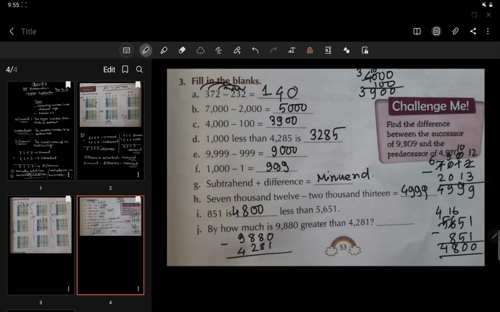You know 0 is less than 1, so you have to borrow from the tens place, so it will be 10. 10 minus 1 is 9, and because you already borrowed, it will be 7. 7 is less than 8, so we can't subtract, so it will be 17. 17 minus 8 is 9, 7 minus 2 is 5, and 9 minus 4 is 5. So the answer will be 5599. Clear?